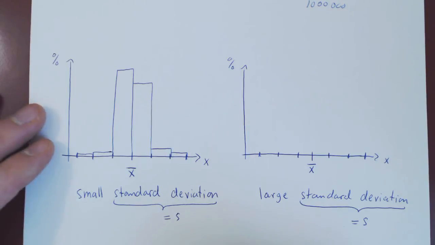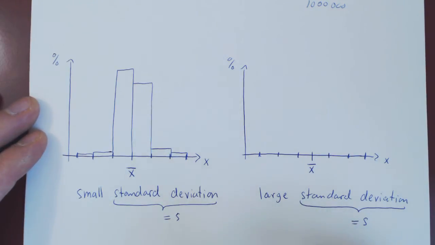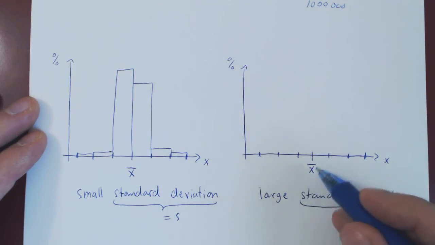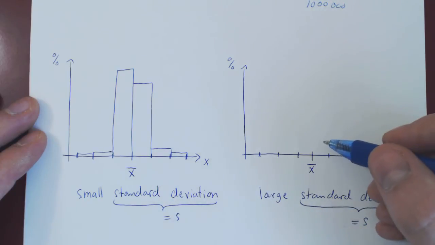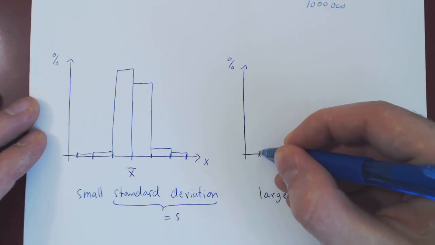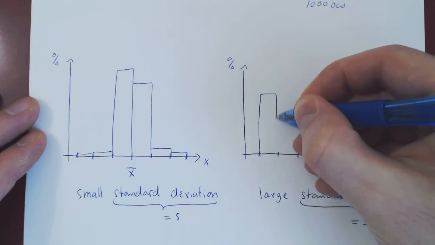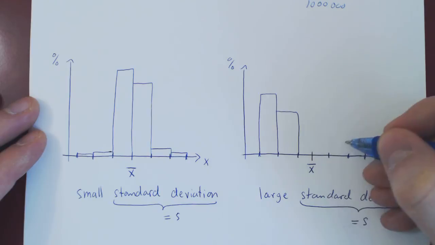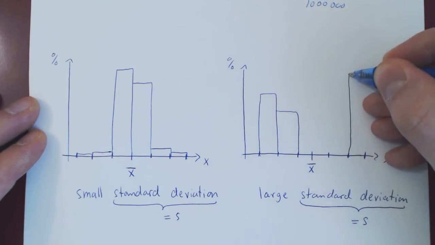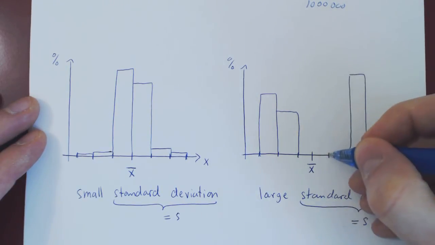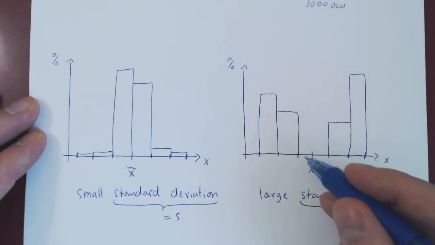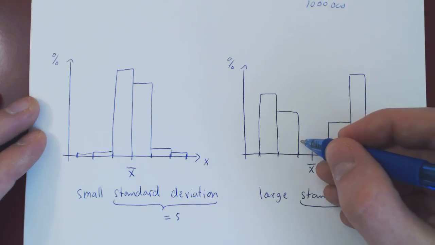Now, of course, having a large deviation means completely the opposite. On average, a lot of values are far from the average value. So you would have a lot of values away from the average value, and as soon as you're near the average value, you'd have very few values.